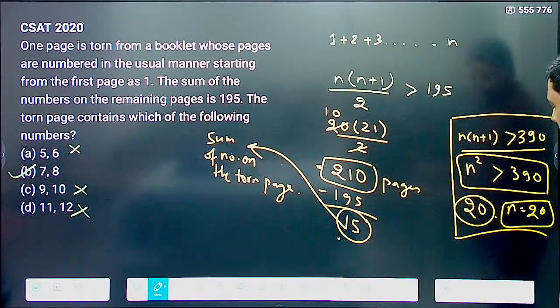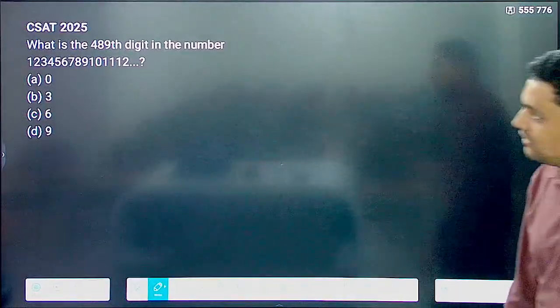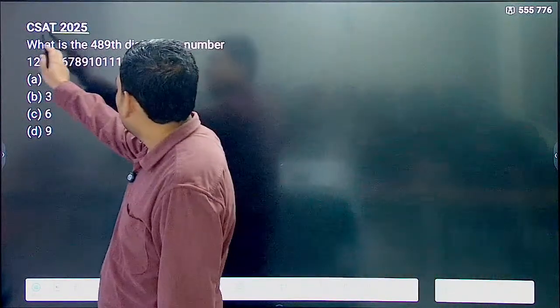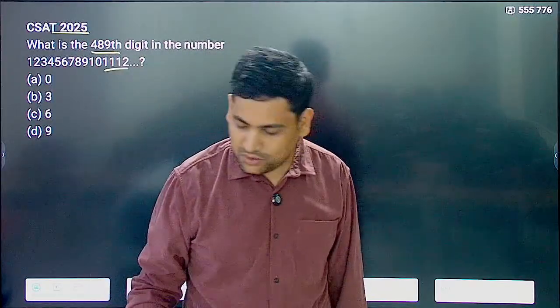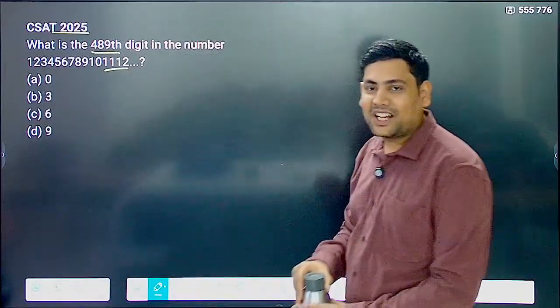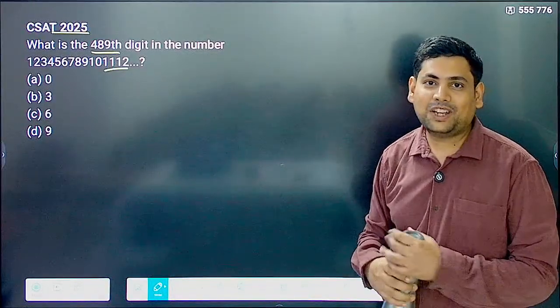Understood? Then this is the last question from 2025. What is the 489th digit in the number this? Now this may not look to many people like that number and digit conversion, but it is if you look carefully.